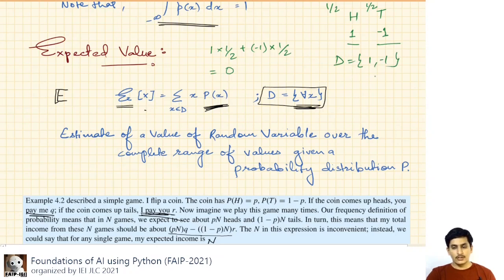It cannot take 0. But depending upon this probability distribution function, we have estimated that if we perform this experiment, if we flip this coin for, let's say, 10 times, 100 times, 1000 times, we do not know that exact number, but if we keep doing that, based on this probability function, the final estimated value that x will take is 0. Is that okay?